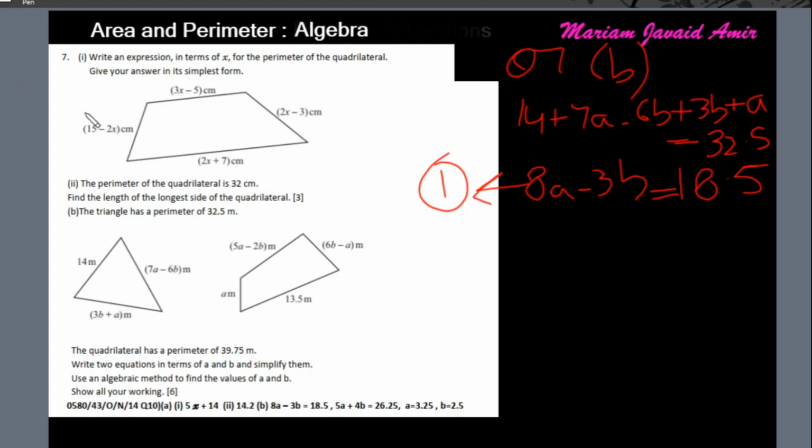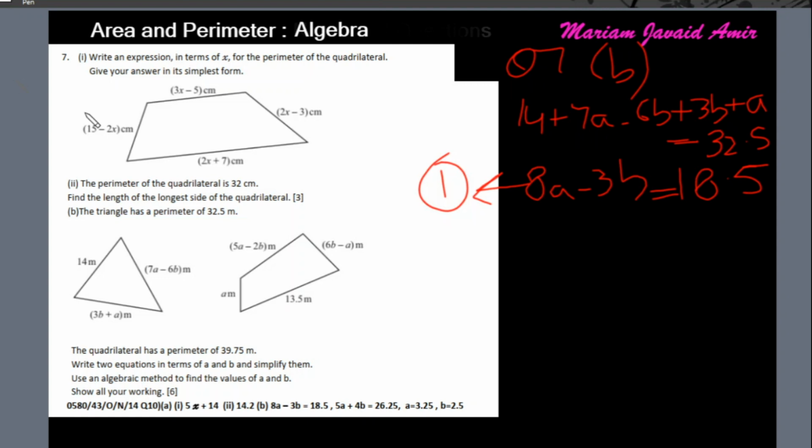Now we have to solve these two simultaneously and get the values of a and b. So for that we need to change the coefficients of a or the coefficients of b into the same number with opposite signs, so that when we add them we can eliminate one of the variables.